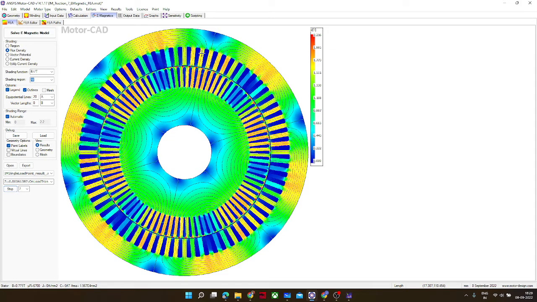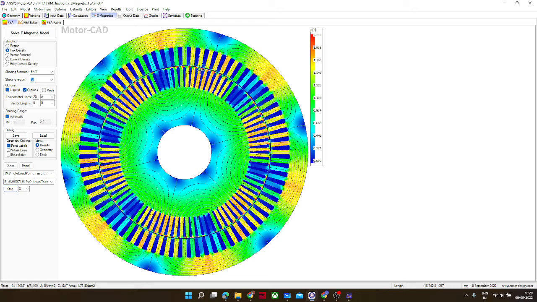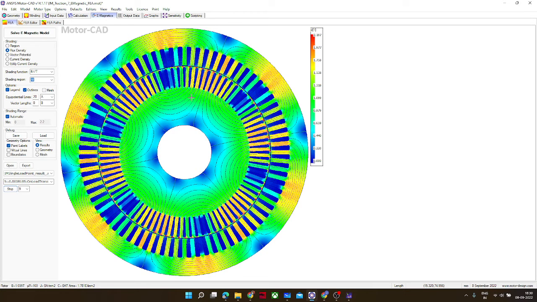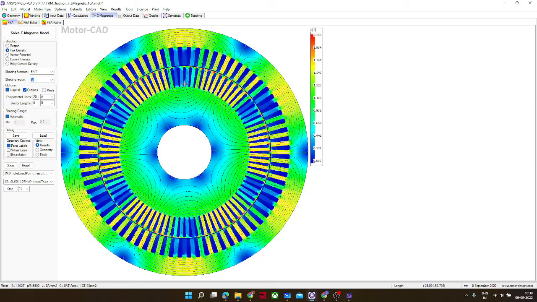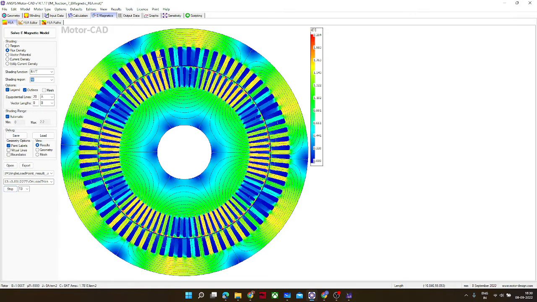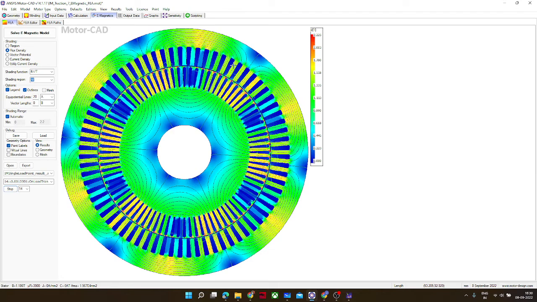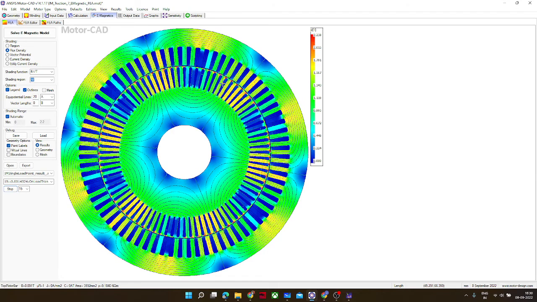So it is flowing through this tooth and getting to the rotor side, and further it is completing the path through the iron, since iron is the low reluctance path. So in this manner, it is completing its loop.